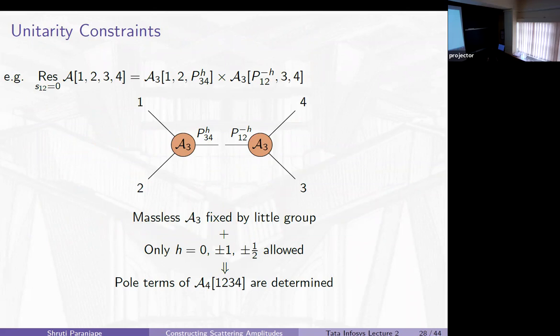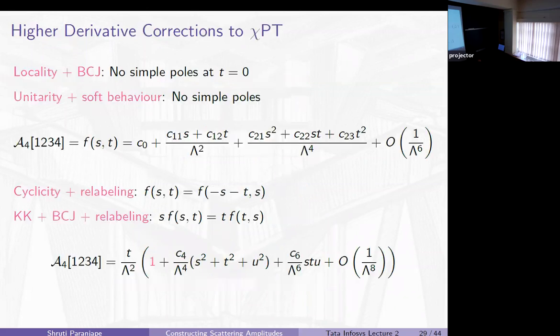So as long as I allow only these, so no higher spin, no gravity type exchanges for my amplitudes, then all of the pole terms are determined. So, okay, let's look at how this works for the nonlinear sigma model of chiral perturbation theory.